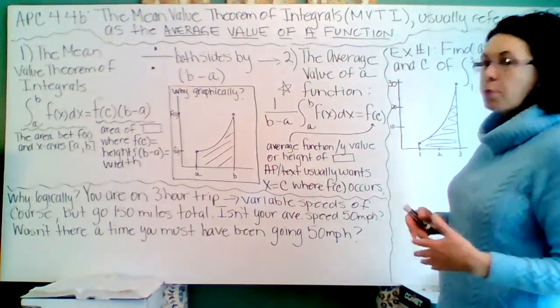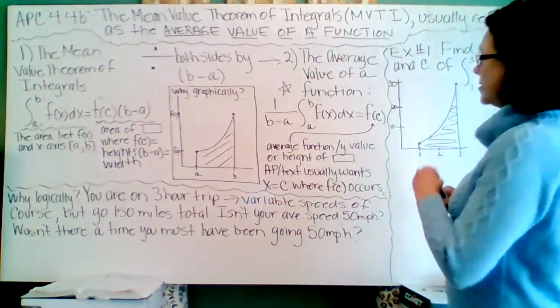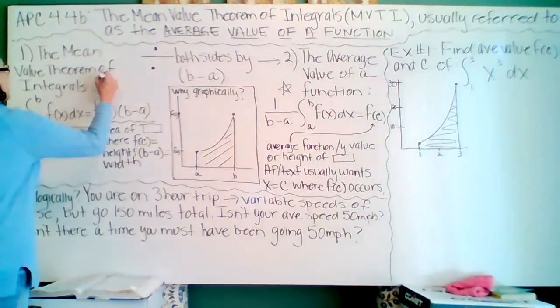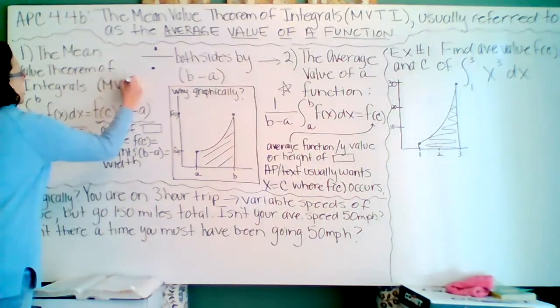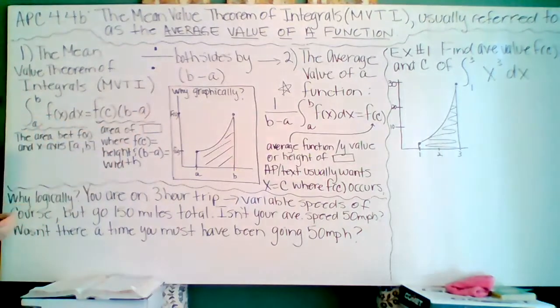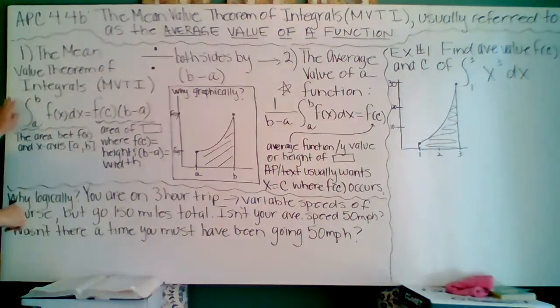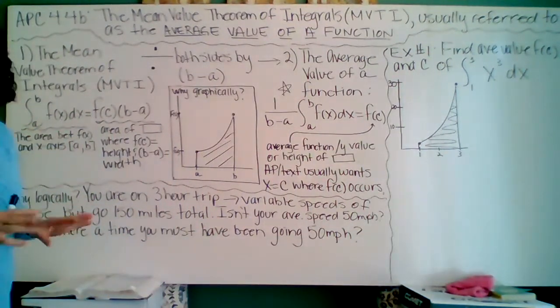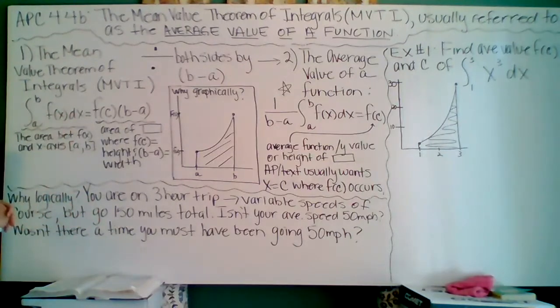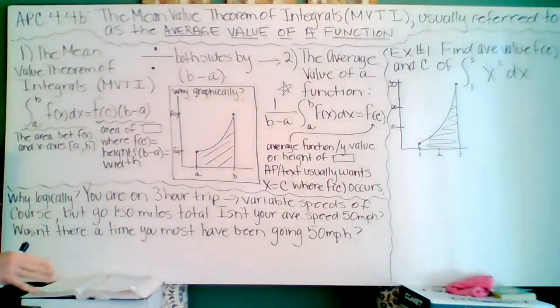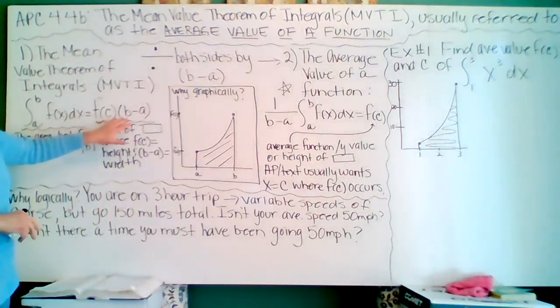So let's talk about this more and see why it makes sense and what it means. Number one, the mean value theorem of integrals, MVTI, is kind of what you already know, it just hasn't been said in this way. The integral from a to b of f of x dx, which you actually know how to do, is not only equal to capital F of b minus capital F of a, but take a look at what else it's equal to.